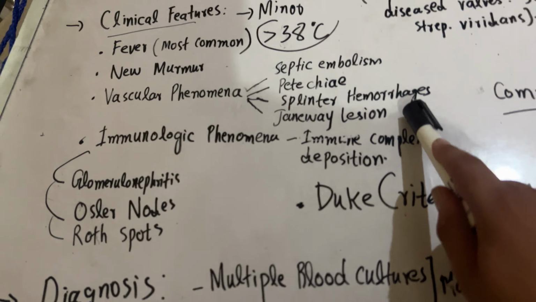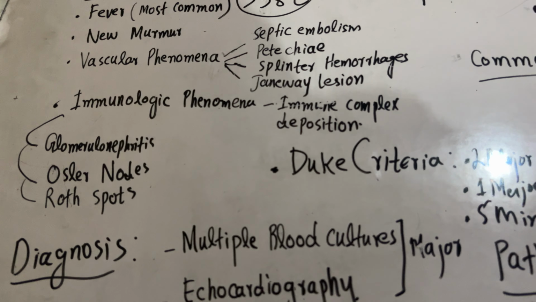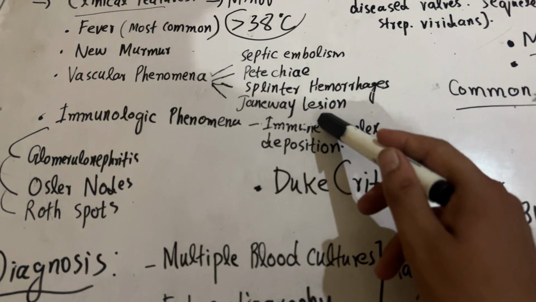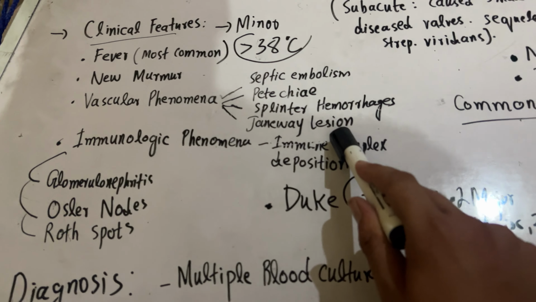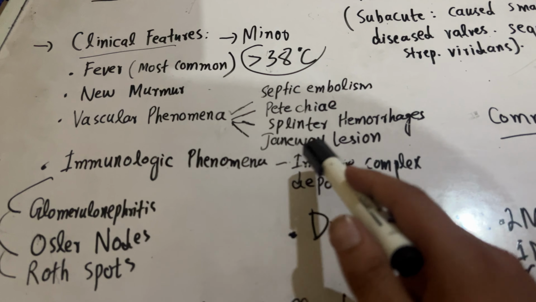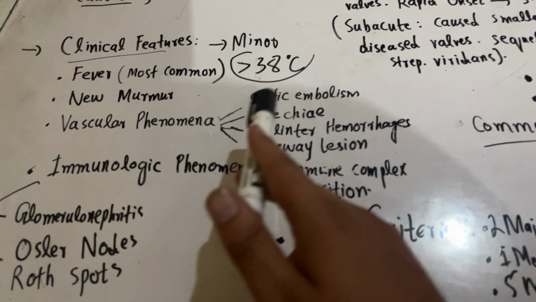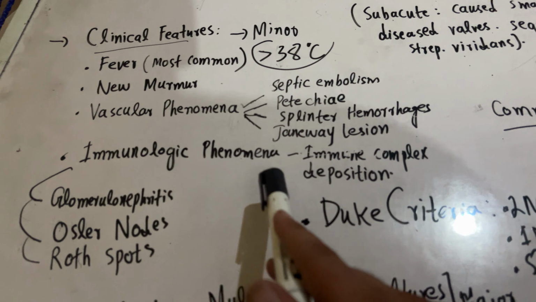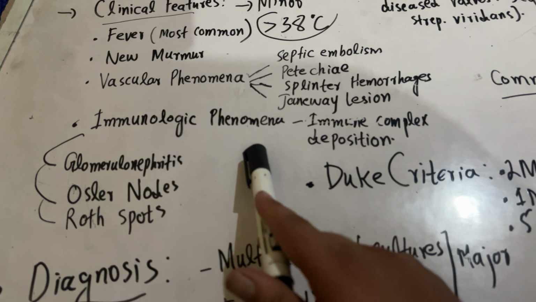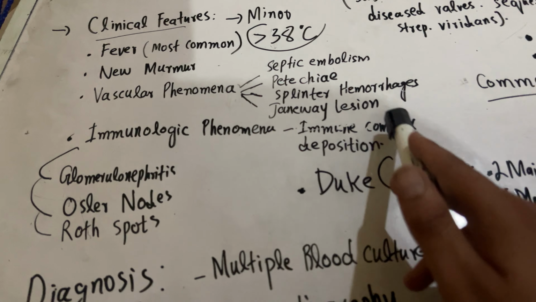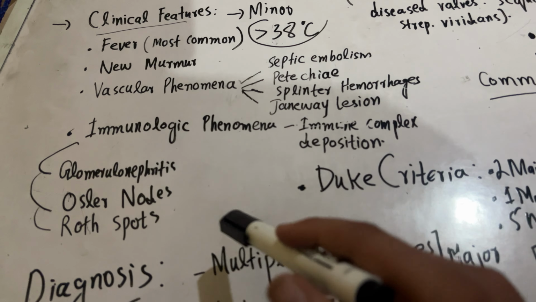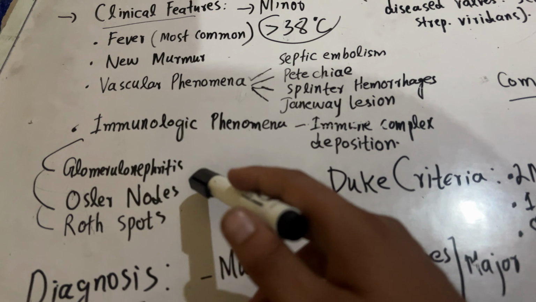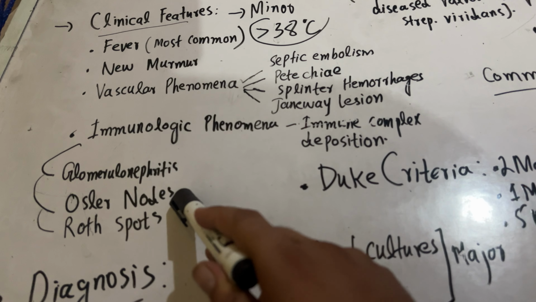Splinter hemorrhages occur on the nail bed, while Janeway lesions occur on palms and soles, and these two are vascular phenomena of infective endocarditis, while the immunological phenomena can be due to immune complex deposition, and can lead to glomerulonephritis and Osler nodes.